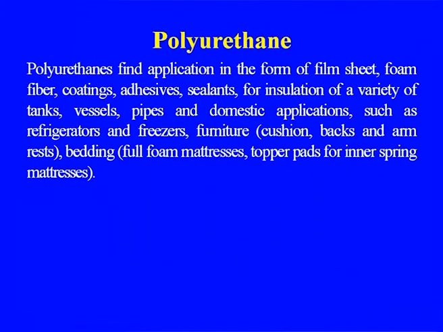Polyurethanes find application in the form of film, sheet, foam, fiber, coatings, adhesives, sealants, because some of the resins are also going to coatings and adhesive purposes, for insulation of a variety of tanks, vessels, pipes, where we used to have the glass wool, and domestic applications such as refrigerators, freezers, furniture cushions, bags and armrests.